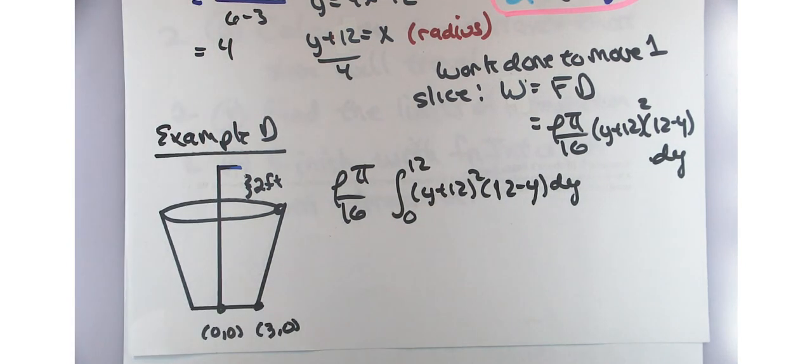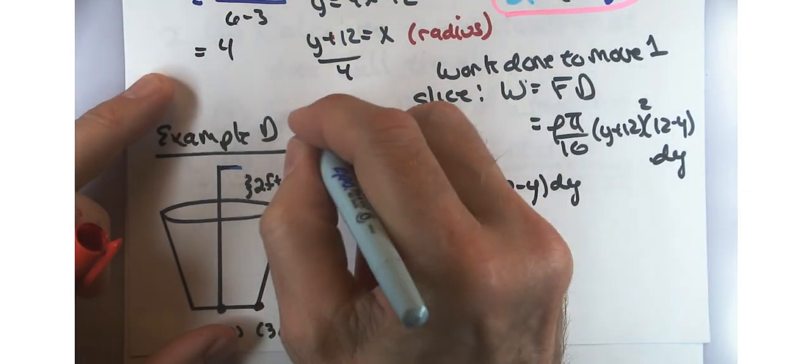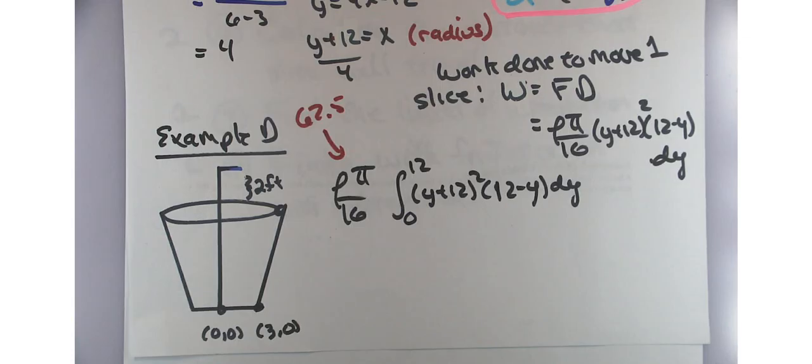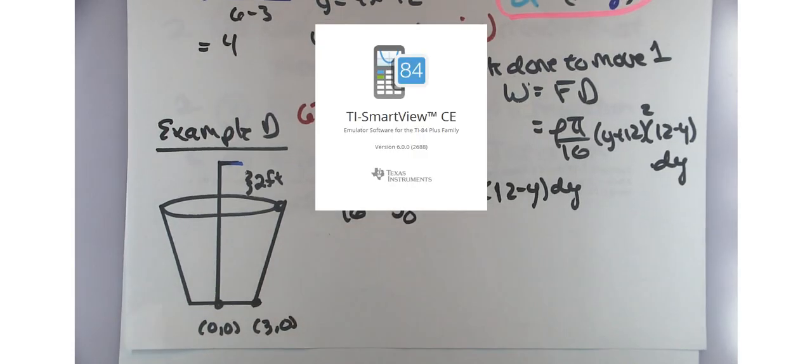All right. So keep in mind that rho is 62.5. So let's figure this out here, and we'll take a look at it on our graphing calculators. I'm not sure why, but it always takes TI SmartView an extra second or two longer than I might like to open up.